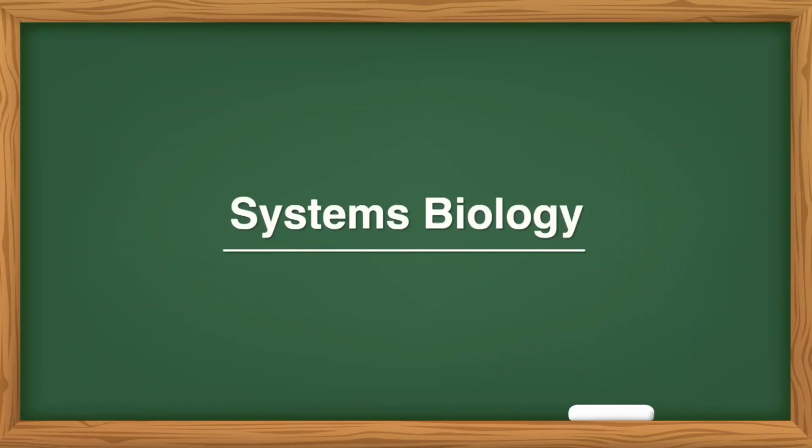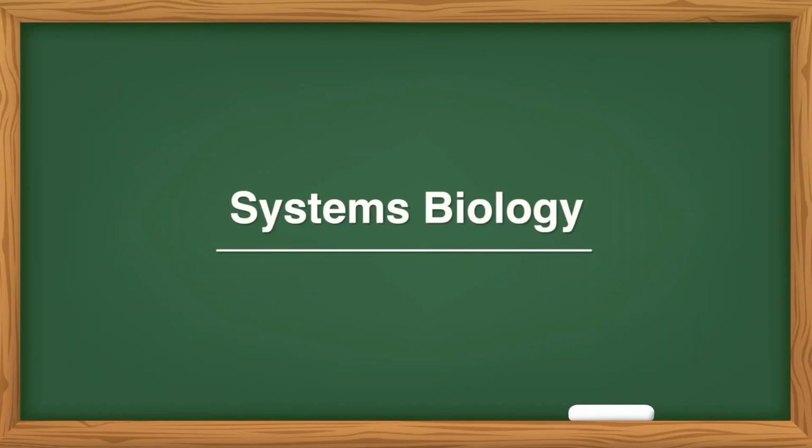In the upcoming slides, we will explore more real life examples, and we will continue to unravel the mysteries of computational biology. Now, let us talk very briefly about systems biology.